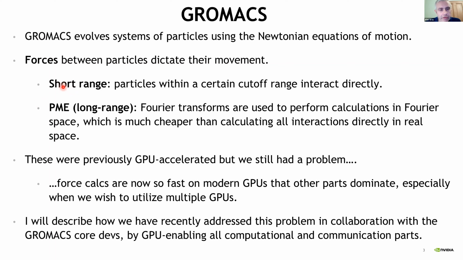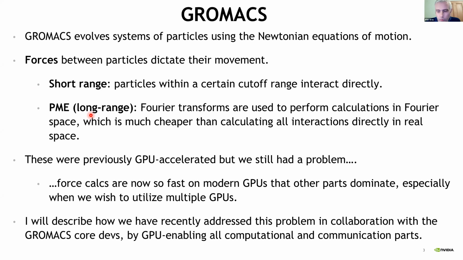There are two main classes of forces. We have the short-range forces. As we know, the magnitude of the forces decreases with distance, so the forces between particles that are closer together are of a higher magnitude than those that are further apart. That means that for all particles within a certain distance of each other, we need to calculate the forces directly. We call these the short-range forces.